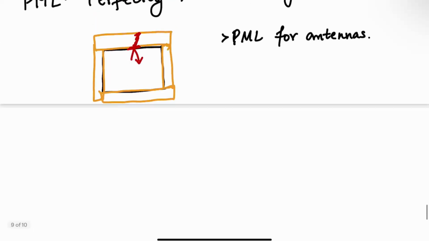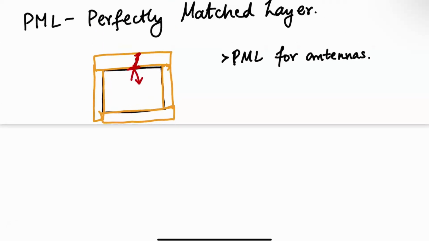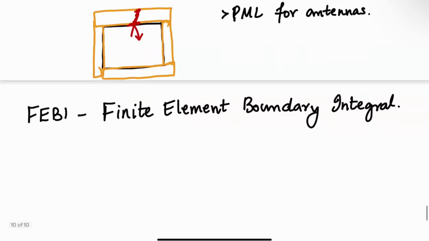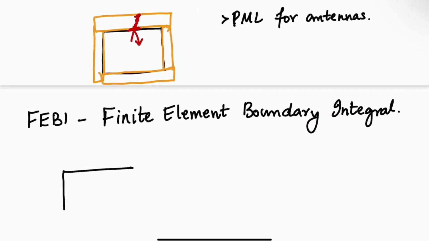Another boundary condition is called the FEBI boundary, and we'll see this later. It's the finite element boundary integral. This is very useful when you want to solve subdomain problems. The idea here is that it's a combination of finite element and method of moments or integral equations.